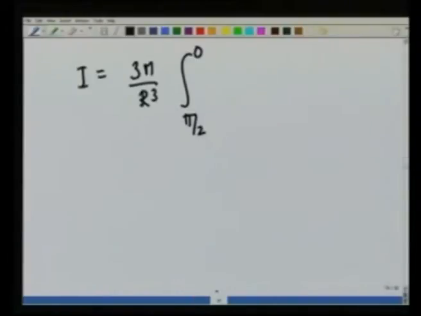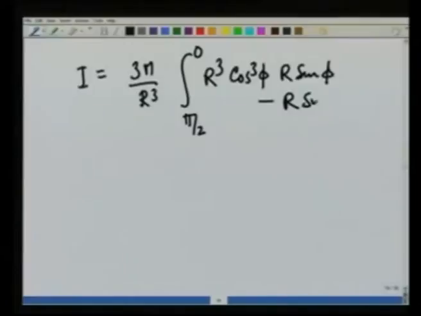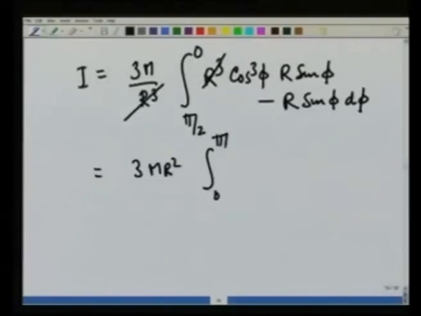For r cubed, I get R cubed cosine cubed phi, and square root of R square minus r square comes out to be R sine phi, times minus R sine phi d phi. This R cubed cancels, and I get 3 m R square integral 0 to pi by 2 cosine cube phi sine square phi d phi.